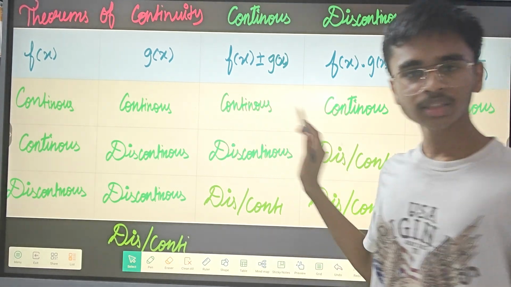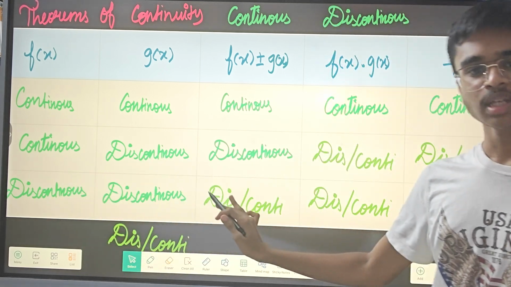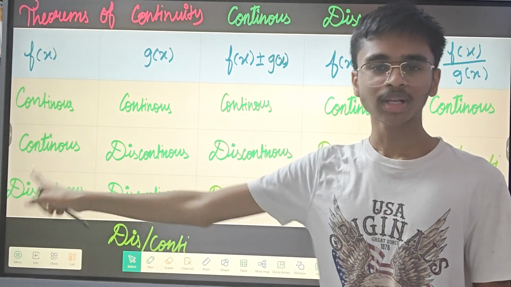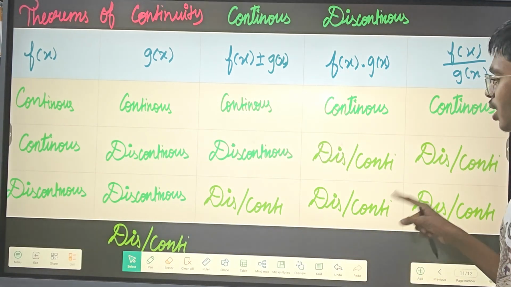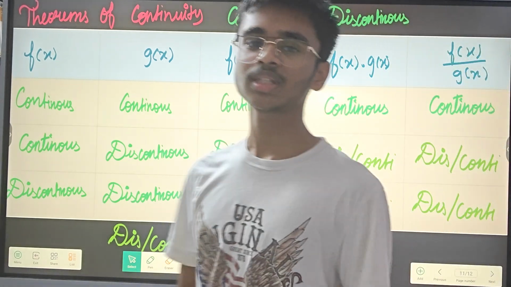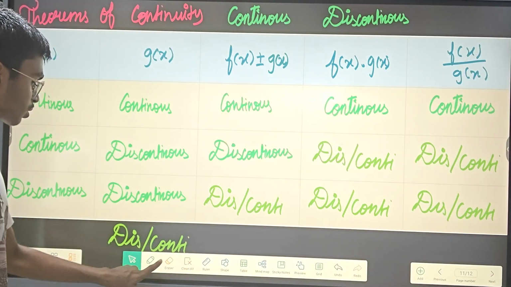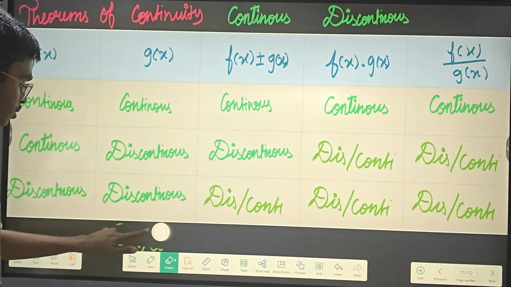So the first case is fully continuous, the second case is two discontinuous and one continuous, and other than that, two are not determinable. By just using this theorem, you have to see.